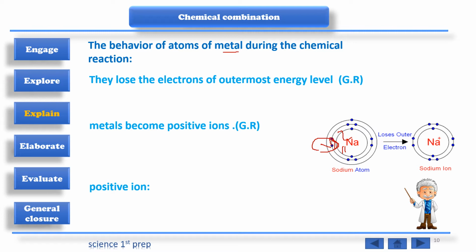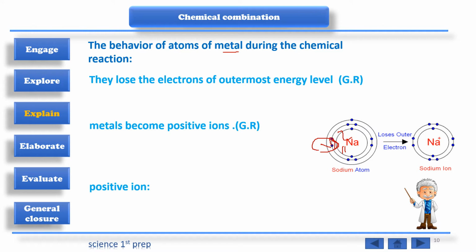As we said in the previous term, if the outermost energy level is saturated with electrons, this is an inactive atom. And if it is unsaturated or incomplete with electrons, this is an active metal. The outermost energy level wants a complete number of electrons.